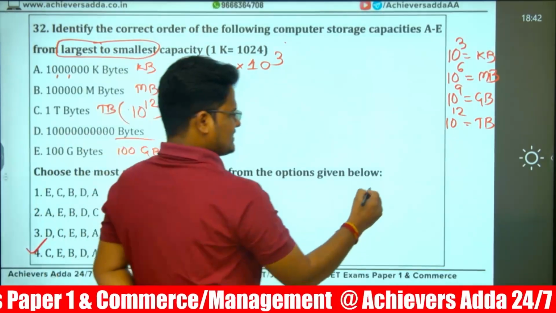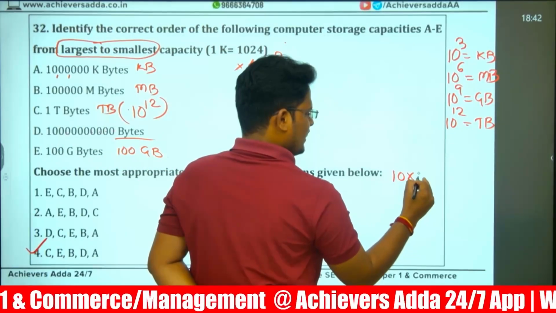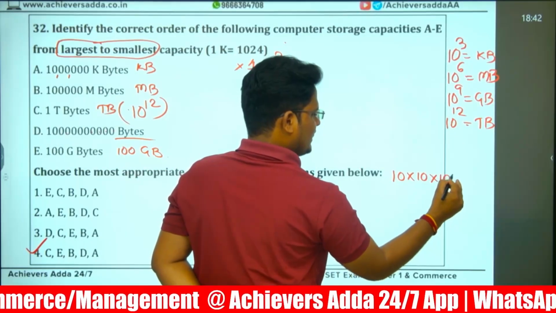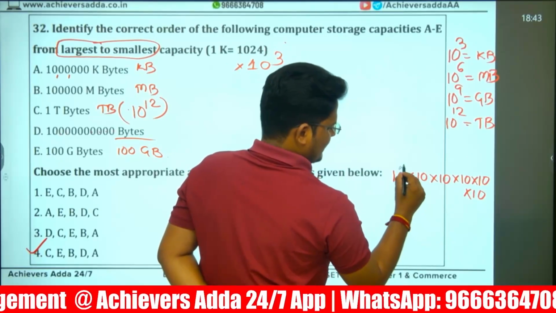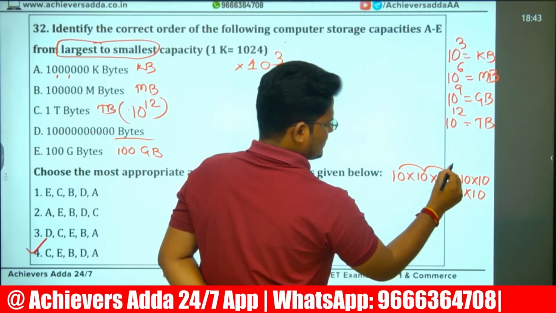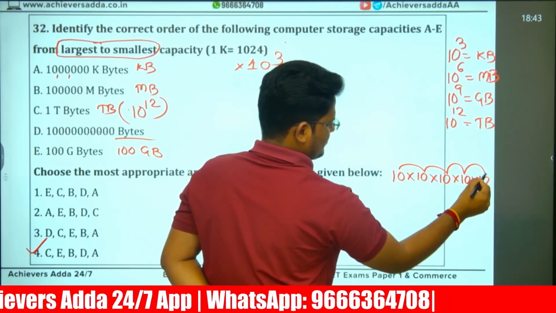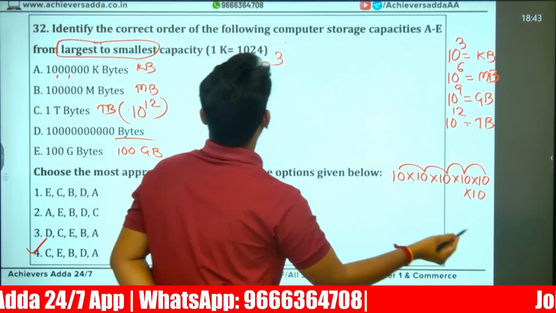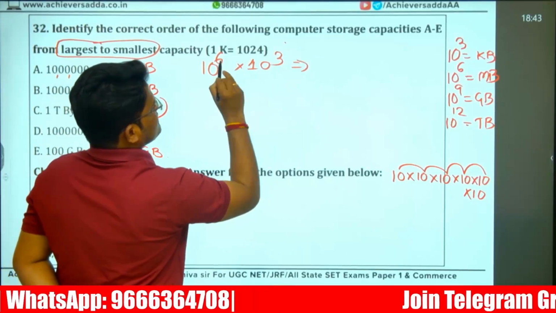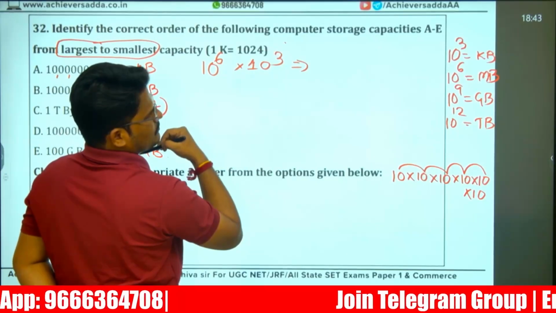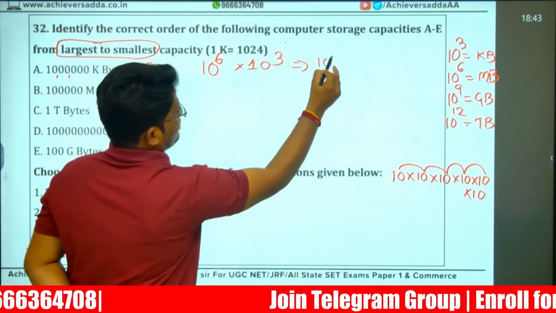This 10 into 6 is 10 lakh, or not? 10 into 10 into 10 into 10 into 10 into 10. 10 tens are 100, 100 tens are 1000, 1000 tens are 10,000, 10,000 tens are 1 lakh, 1 lakh tens are 10 lakh. 10 power 6 into 10 power 3: the bases are the same, so the powers are added, 6 plus 3, 10 power 9.